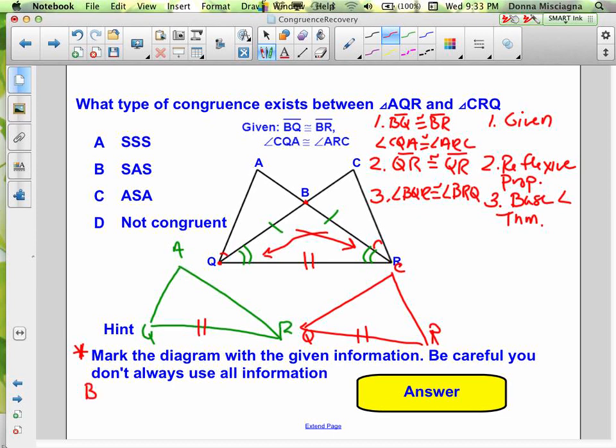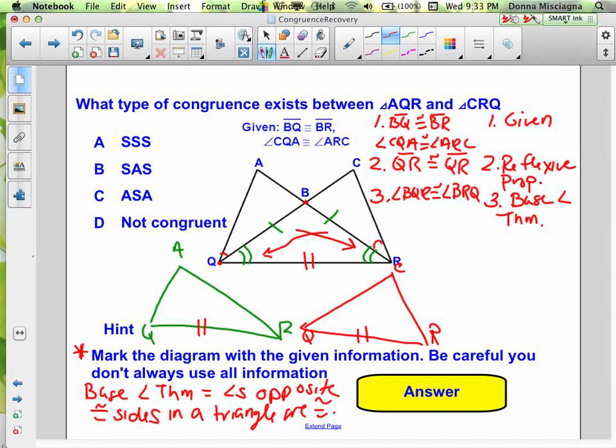Base angle theorem is for isosceles triangles. It's also, by the way, for isosceles trapezoids, but we'll just work with isosceles triangles because that's what we're working with. So base angle theorem says that angles opposite congruent sides in a triangle, so it's a single triangle, are congruent.